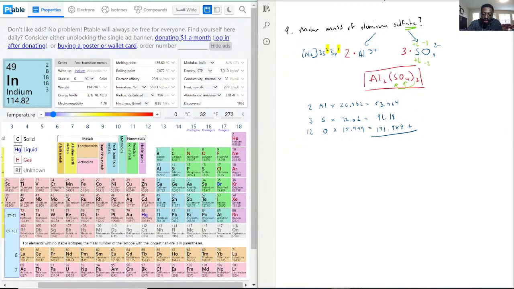Alright, and we get 342.132 grams per mole. So yes, that is quite a big compound, and it makes sense because aluminum is twice and the whole sulfate ion is 3 times. So yes, it makes sense that it's going to be that big.